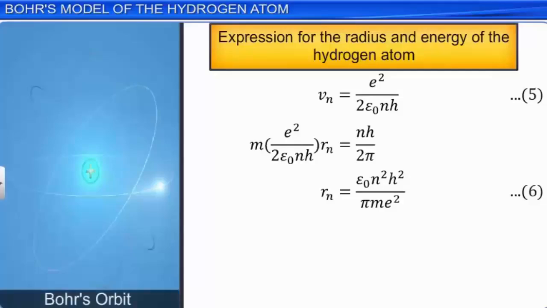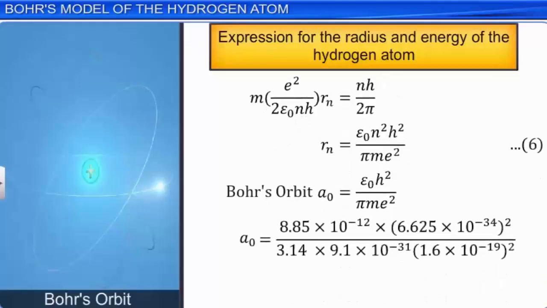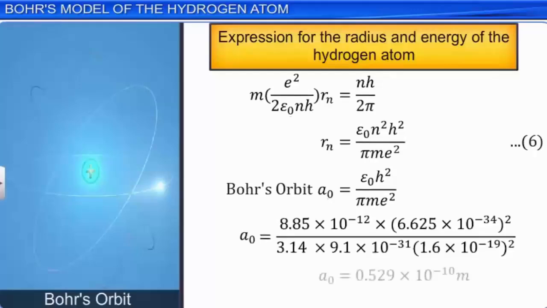Substituting the value of Planck's constant h, ε₀, and the magnitude of the charge of the electron e, and simplifying, we get a₀ = 0.529 × 10^-10 meter, which is equal to 0.529 angstrom. From equation 6, it is clear that the radii of orbits are directly proportional to n².